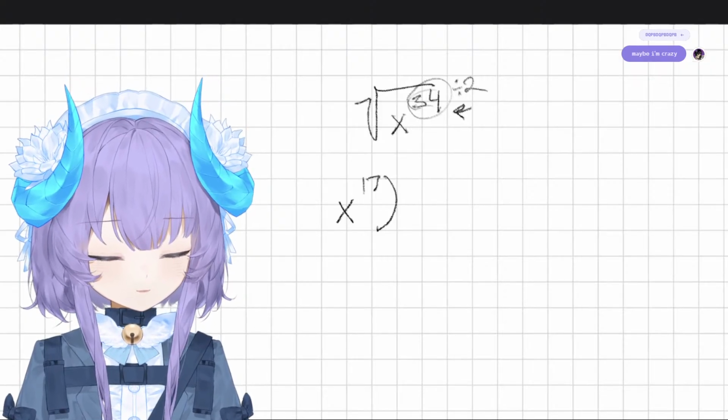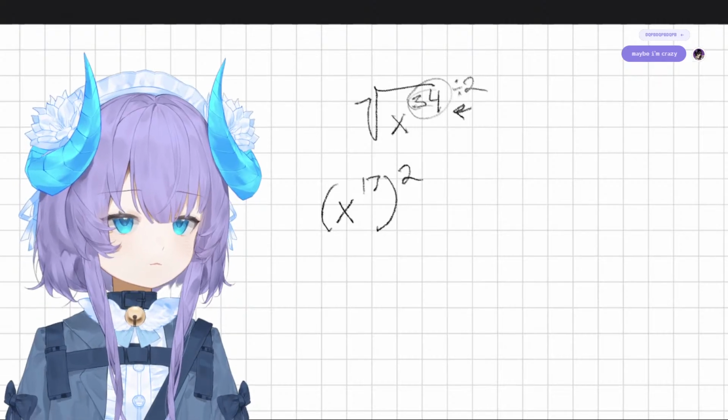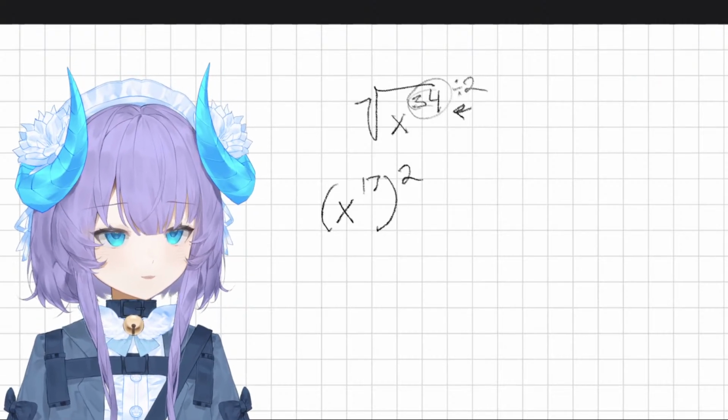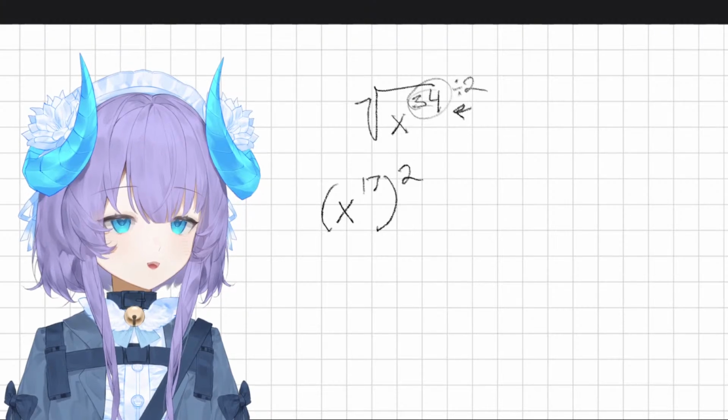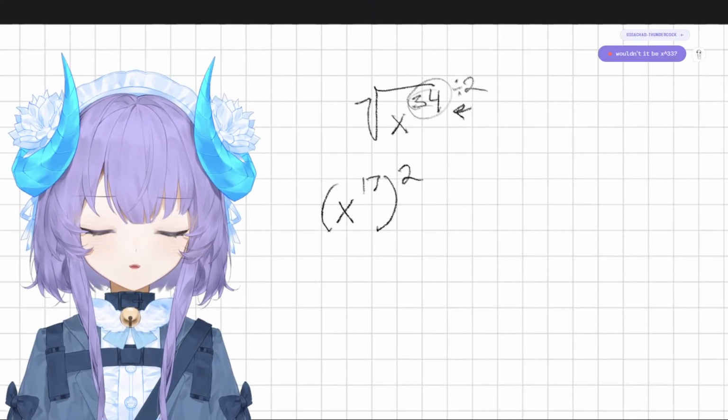Why is it not 17 squared? Why would it be 33?